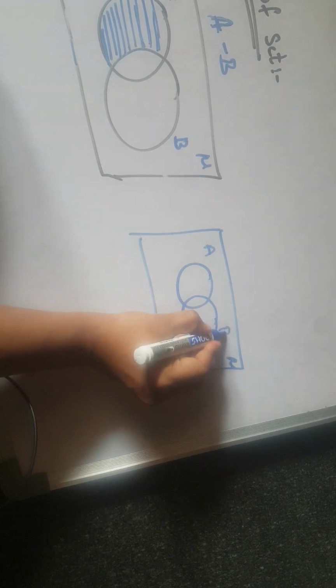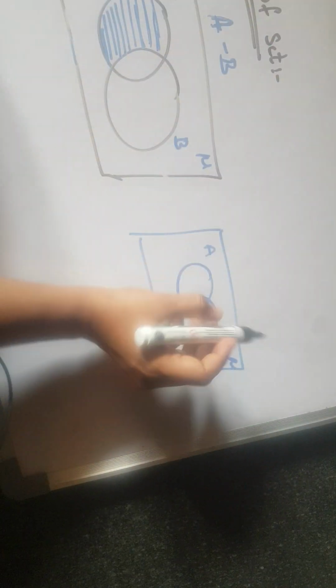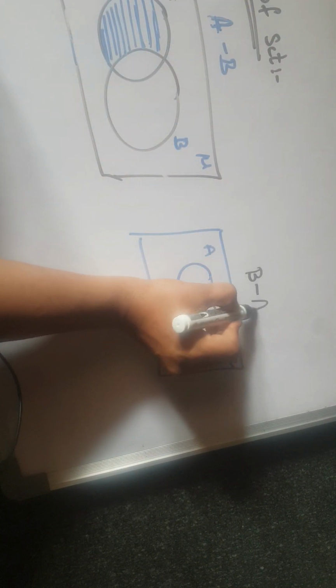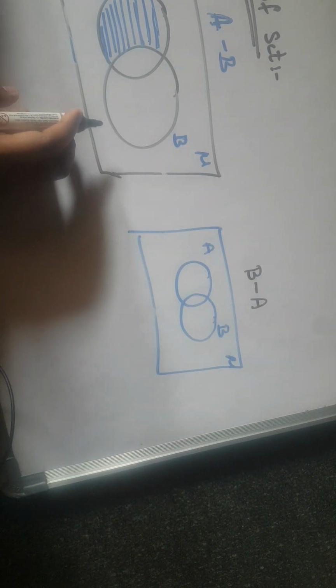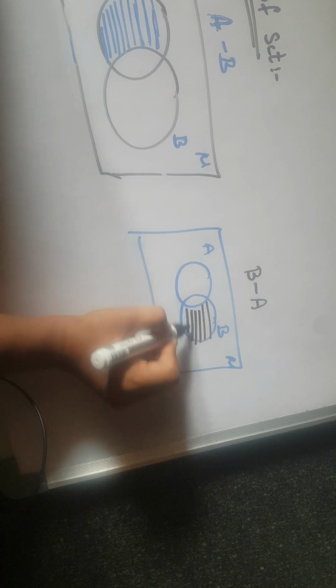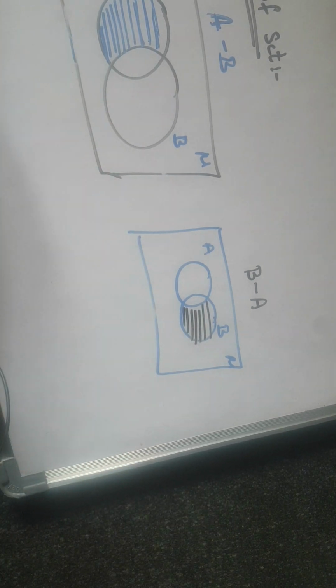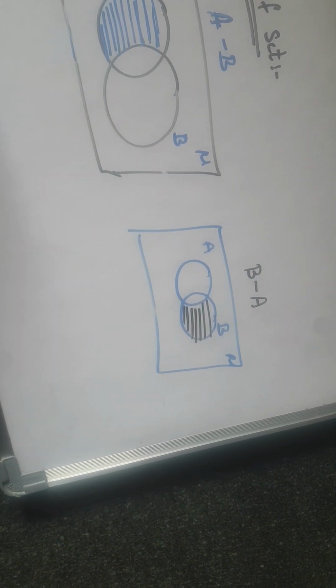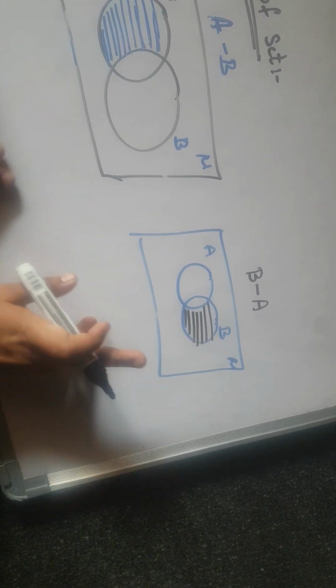And if you want to represent B minus A, set B minus set A, you have to take only the elements present in set B only, not in A.